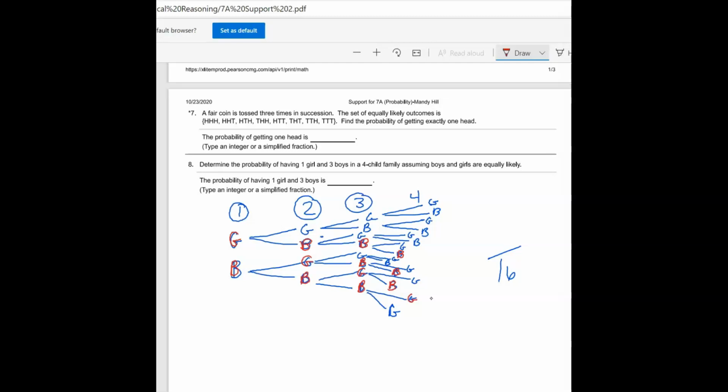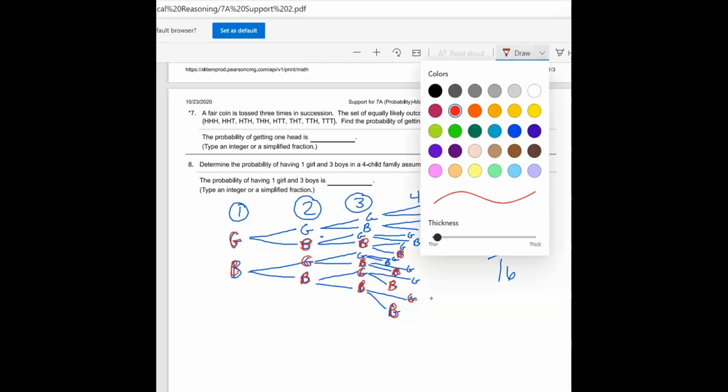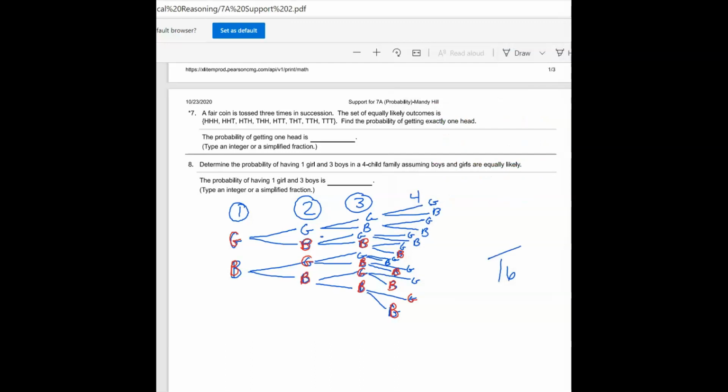And then the last one has a girl at the end. Boy, boy. This needs to be a boy. And I need to write it in blue. So that would be all boys and no girls. So that's not going to work.